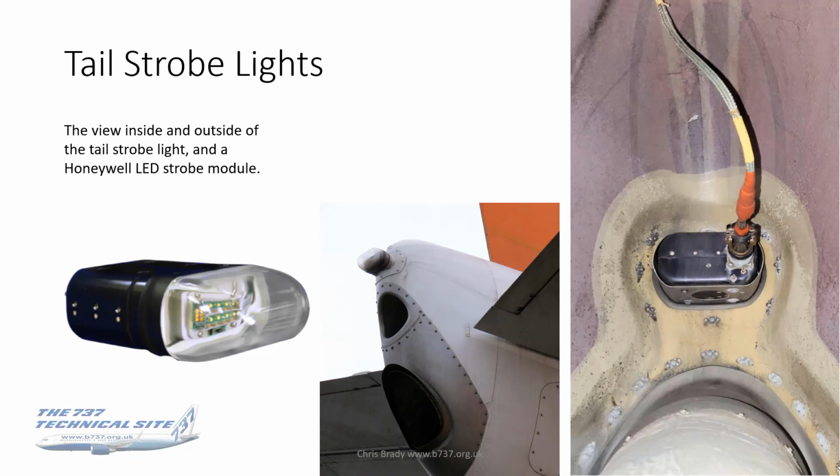Tail strobes. Basically, these are just a couple of pictures to show you what it looks like. The middle photo is what it looks like from the outside. That's what we see. So just above the APU, that's where the tail strobe is. The photo on the right is the view from inside the APU tail cone.